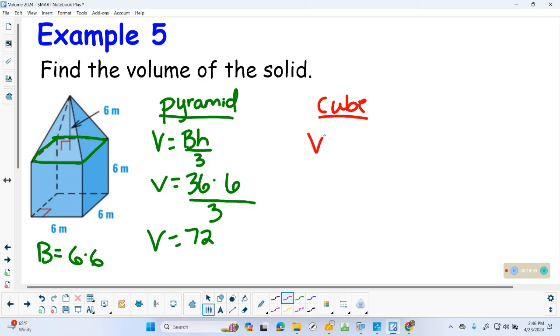Now I'm going to do the cube. Now, volume of a cube, it's still area of the base times the height, but we can shortcut it since they're all the same. Clearly on the cube, it's all 6. 6 times 6 times 6. 6 cubed. We did that earlier.